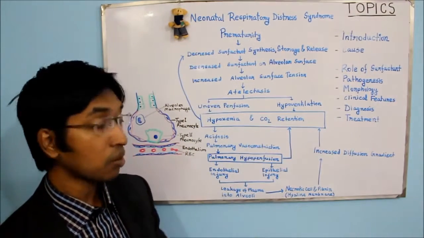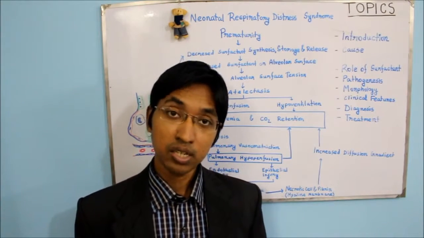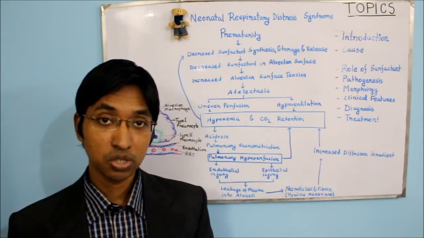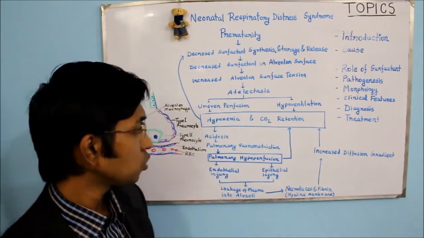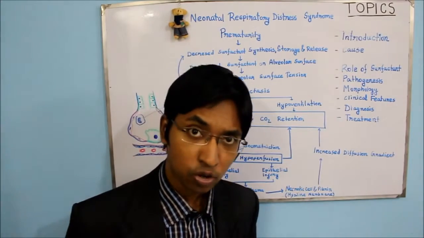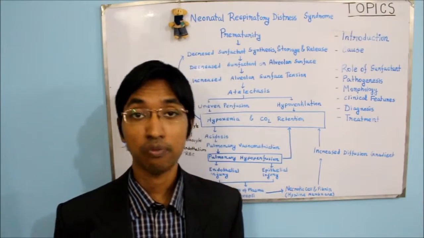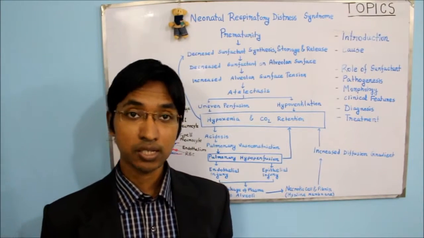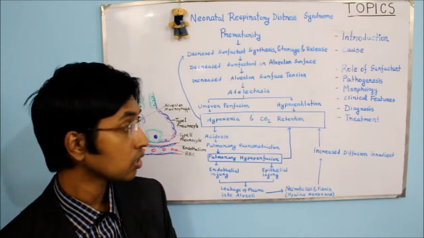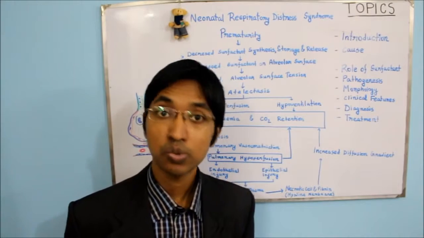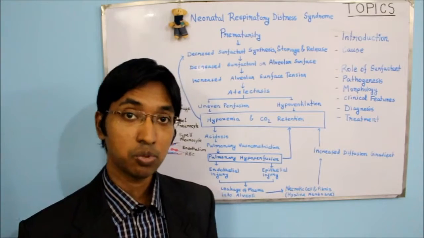Recall that retention of carbon dioxide will result in respiratory acidosis, but here we will also have metabolic acidosis too, because due to lack of oxygen, anaerobic metabolism will begin, and as a result there will be production of lactic acid, and that will lead to lactic acidosis, that is metabolic acidosis.